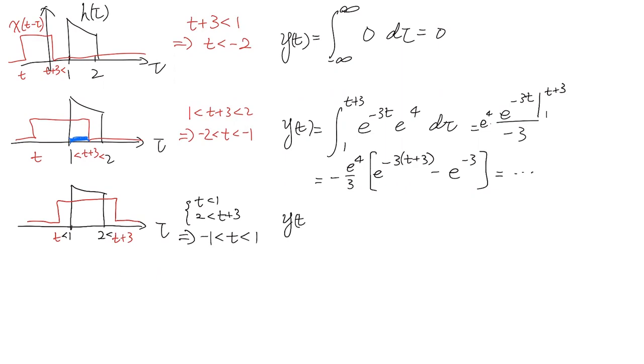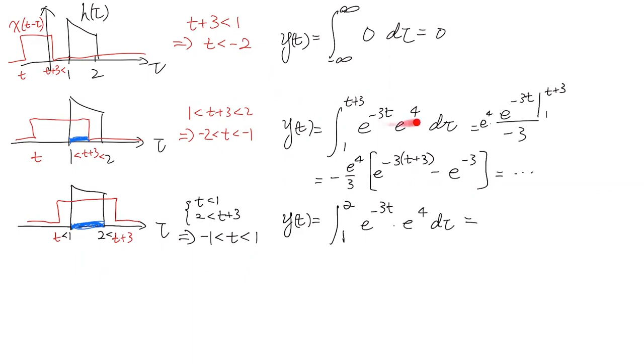And then in this case, for your y of t, the integration limit is from 1 to 2, right? So this is a complete interval. The first function is e to the negative 3t, that's the exponential decaying function, times e to the 4 d tau, right?